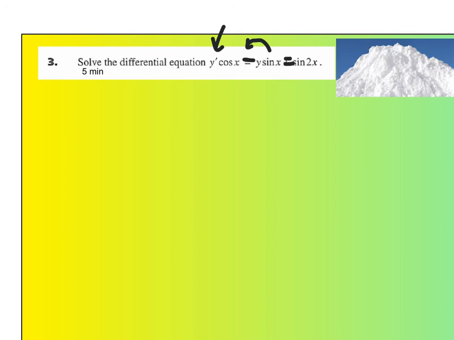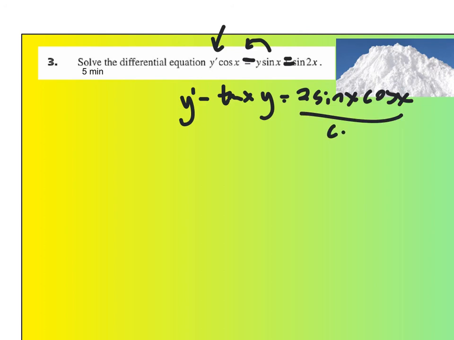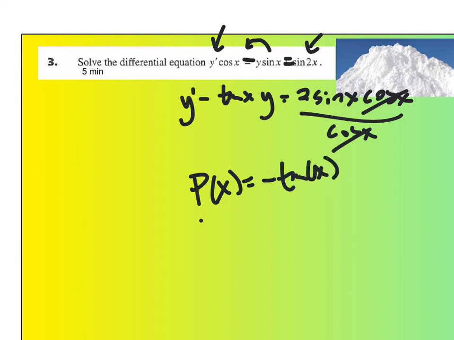And when you divide by cosine of x, you get y prime minus tan x y is equal to, this is interesting, 2 sine x cosine x over cosine x. Right, sine 2x is 2 sine x cosine x, so the cosine x's will cancel. And so your P of x is negative tan x, and your Q of x is 2 sine x. That's going to be a fun one.